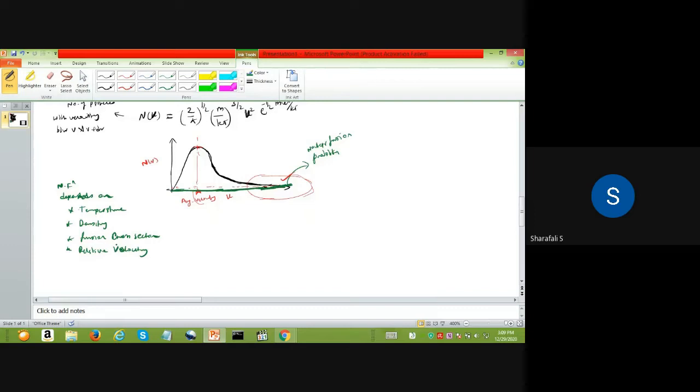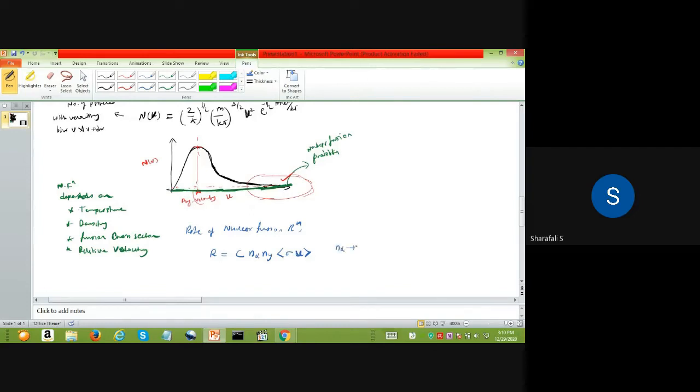Now, if you take all these into account and write the rate of the nuclear fusion reaction, then R equals some constant times nx times ny times the average value of sigma v.